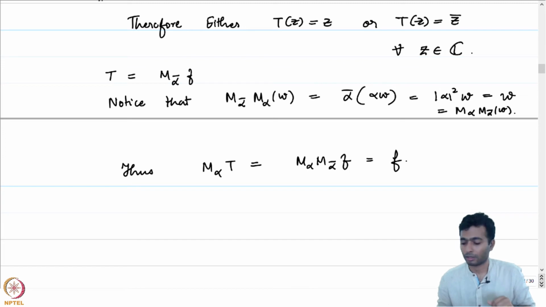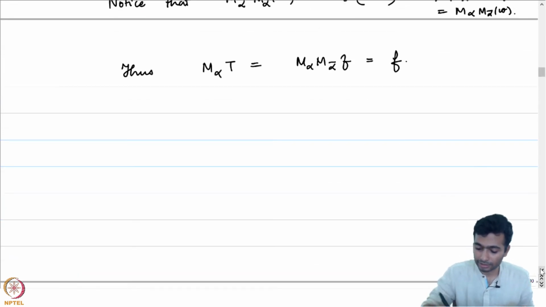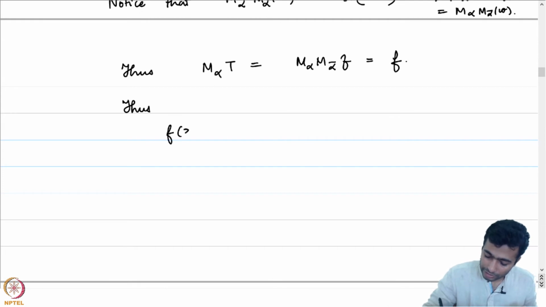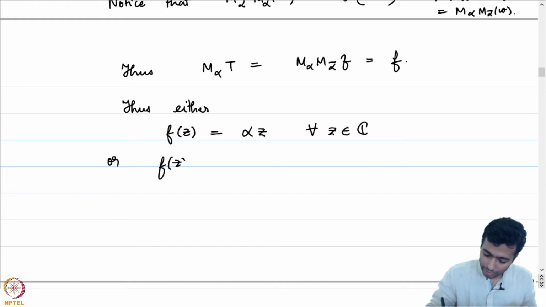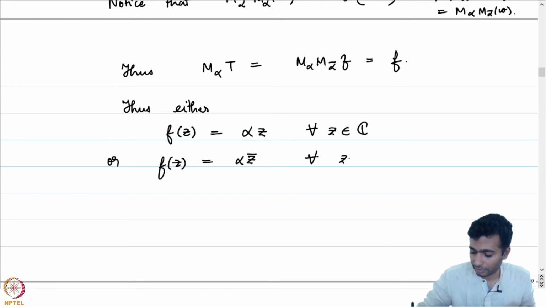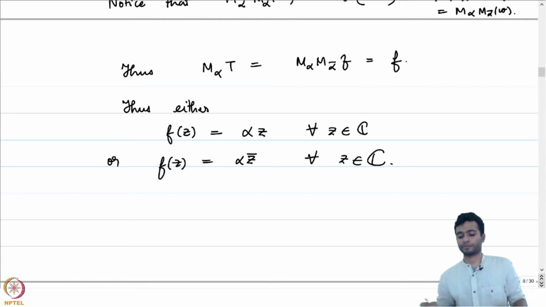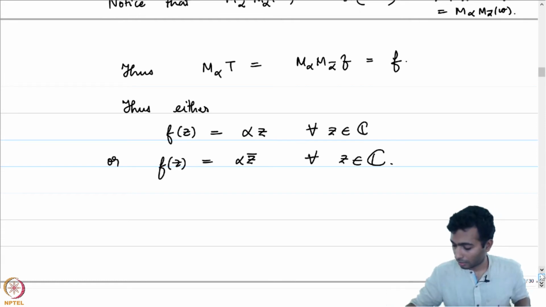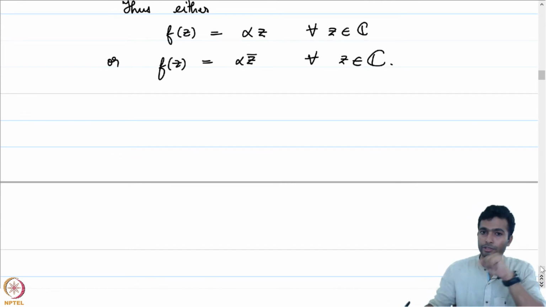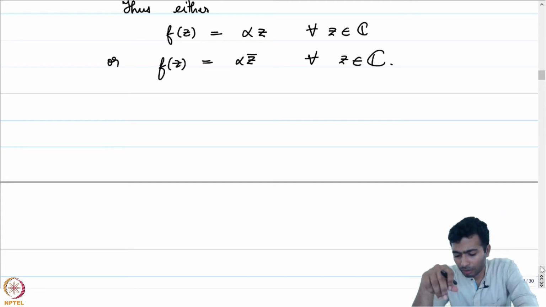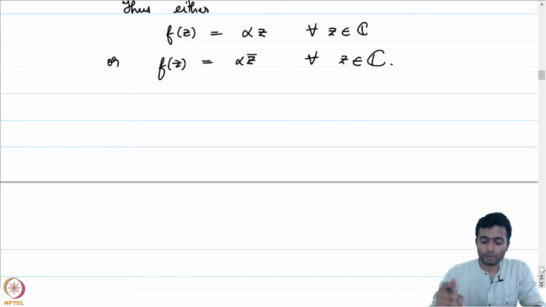We know exactly what our possibilities for the map T are. Thus, either F of Z is equal to alpha times Z for all Z in C, or F of Z is equal to alpha times Z bar for all Z in C. So we have essentially pinpointed what the isometries of the complex plane will be if it fixes the origin. Notice that alpha is of absolute value 1.